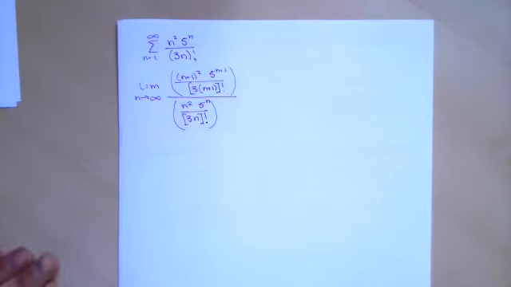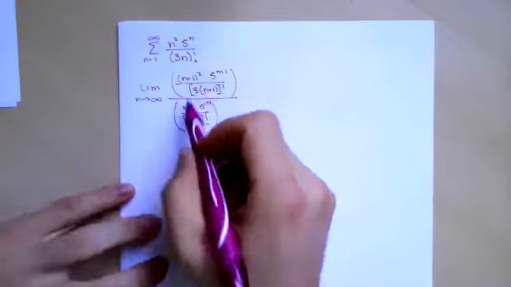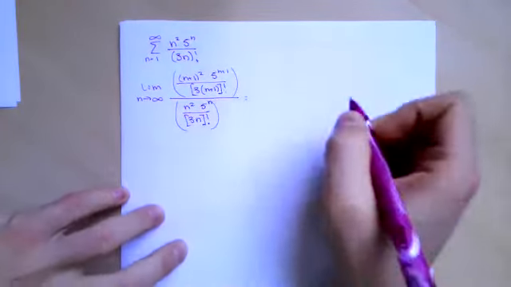I didn't put absolute values because it's not alternating. All the terms are already positive, so no need for absolute values there since we get the same thing. If you do put absolute values and then just get rid of them in the next step, fine. Not bad work. And so now let's practice simplifying these.